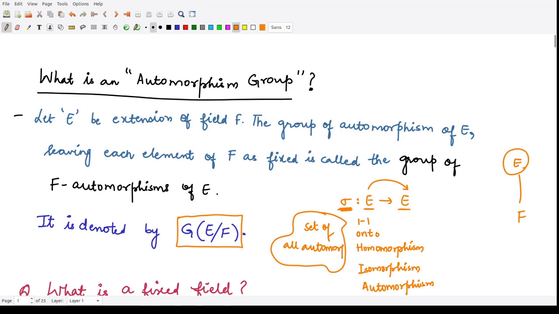This set is called the group of F automorphisms of E, and we denote it by G(E/F). E/F means E is the extension field of the field F, and G means this is the group consisting of all the automorphisms, that is, all the mappings which take E to E and are isomorphisms.